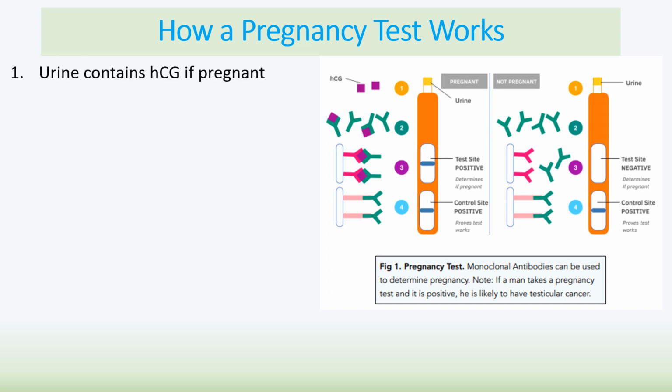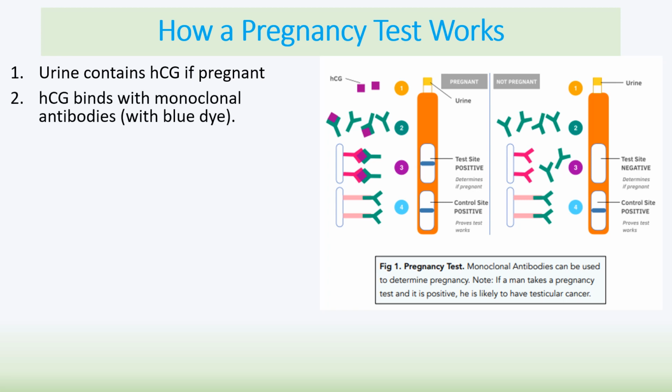If you are pregnant, you will be asked to urinate on a pregnancy test stick, and the urine contains HCG hormone. This is a small hormone that can come out via your kidneys, via your urine, and again, you only produce this if you are female and pregnant, although males can also produce it as a result of testicular cancer, so it's used as a cancer checker for males.